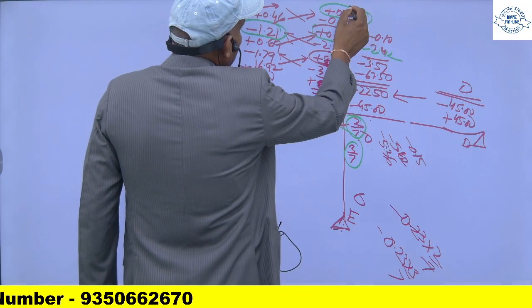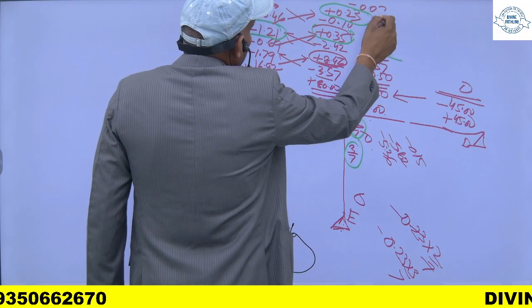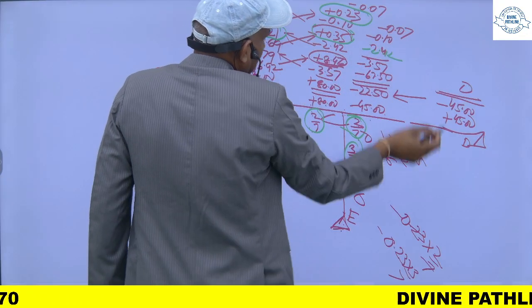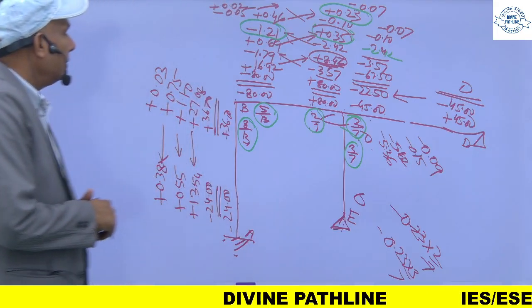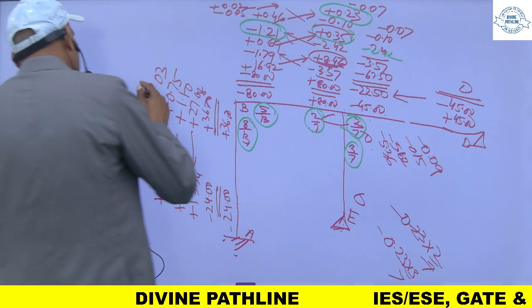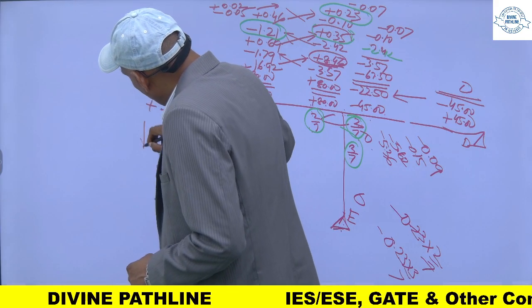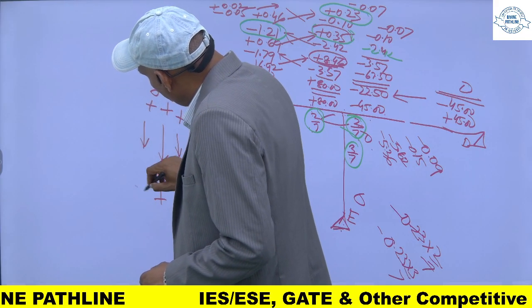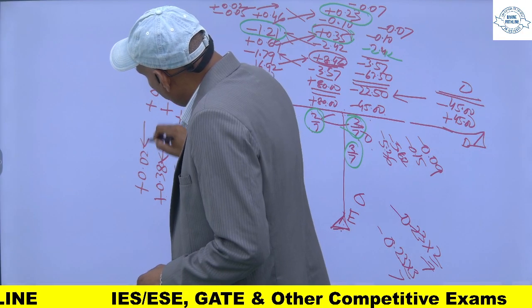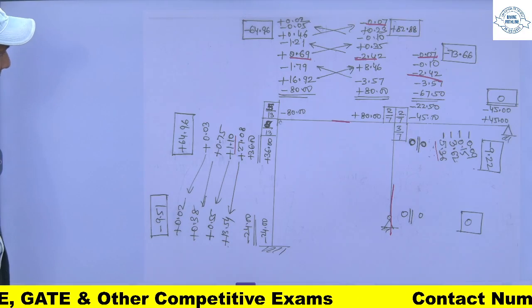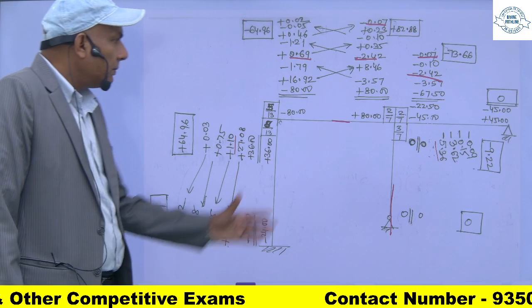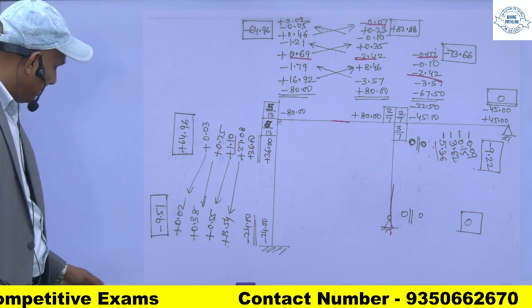And half of this will come here. You can say half of this is approximately this one. So now my table is almost complete.